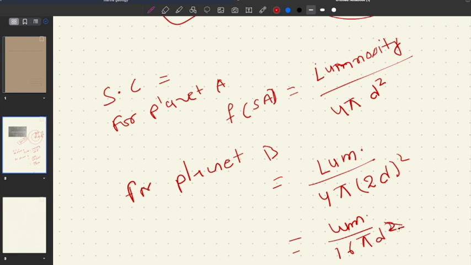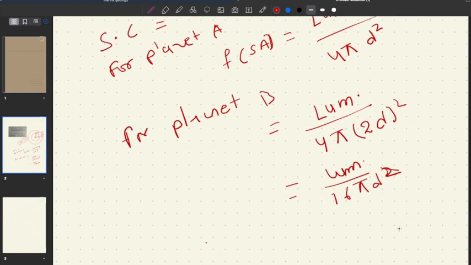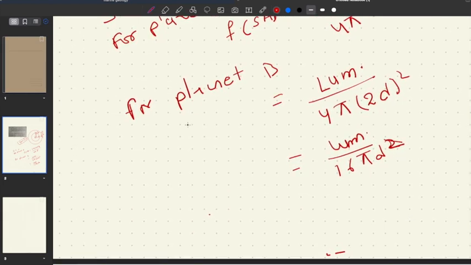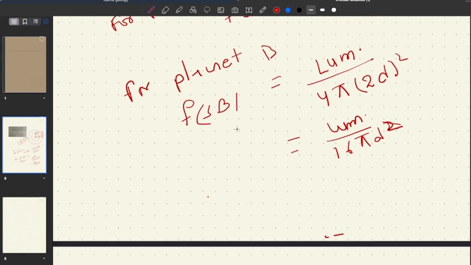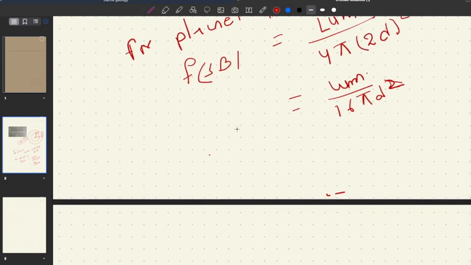Now let's find a relation between these two. This is FSB. Let's find the relation between FSA and FSB.